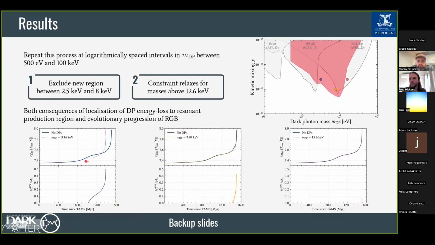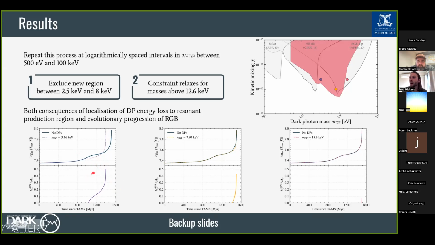It's here that you see the strongest departure in the maximum temperature from that of standard astrophysics. This is what gives you that decrease compared to the standard case, and what delays helium ignition, and it ends up giving you a higher red giant branch tip luminosity.